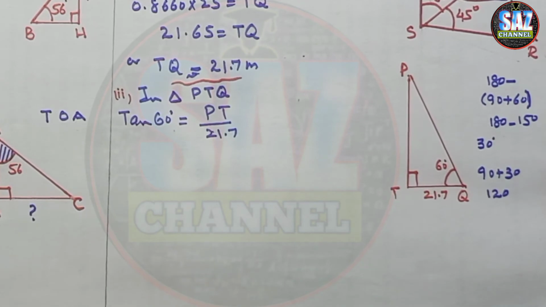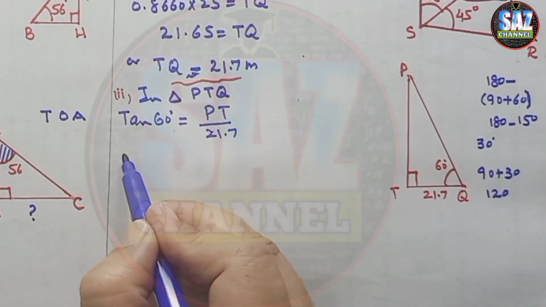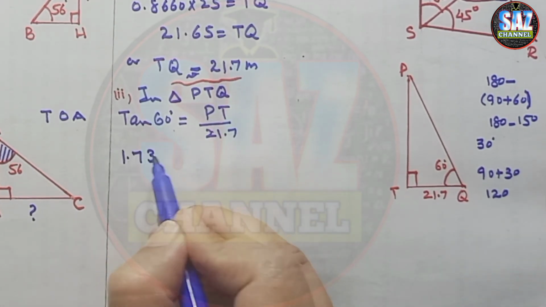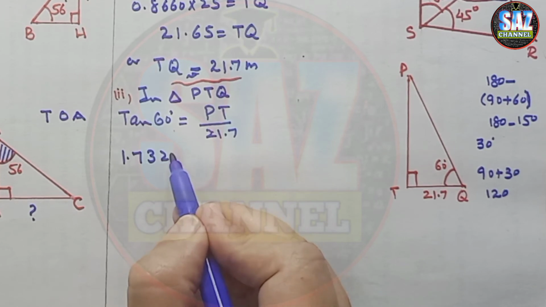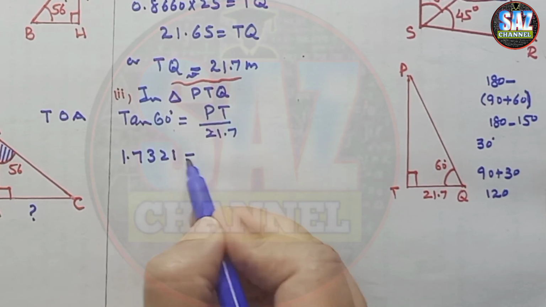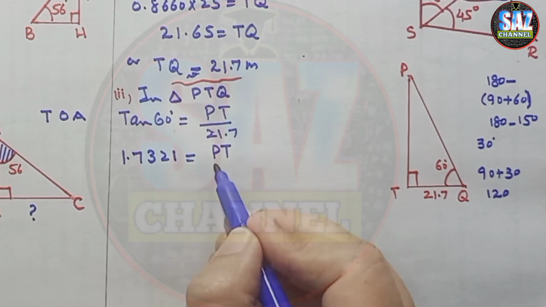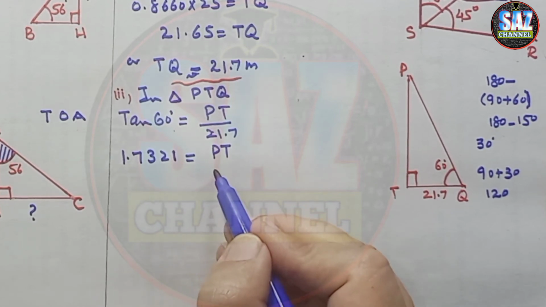Now find the value of tangent 60 degrees. Tangent 60 degrees is 1.732, so I can take it as 1.732 equal to PT upon 21.7.